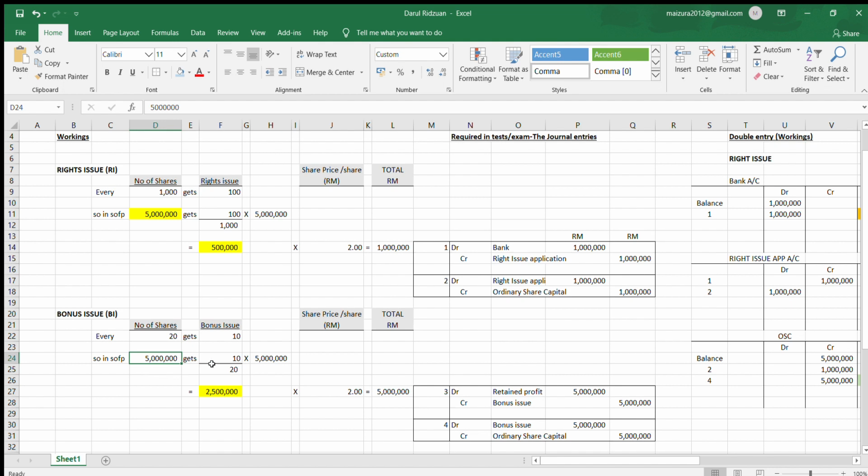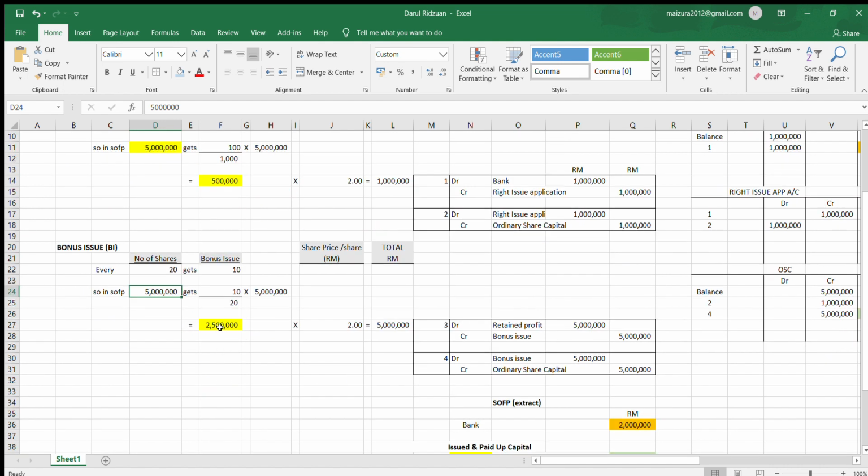Now this 5 million will get 10 upon 20 times 5 million, so the number of shares in terms of bonus issues is 2.5 million. In other words, your ordinary share capital in terms of number of shares is 5 million plus 500k plus 2.5 million. This is the number of shares.